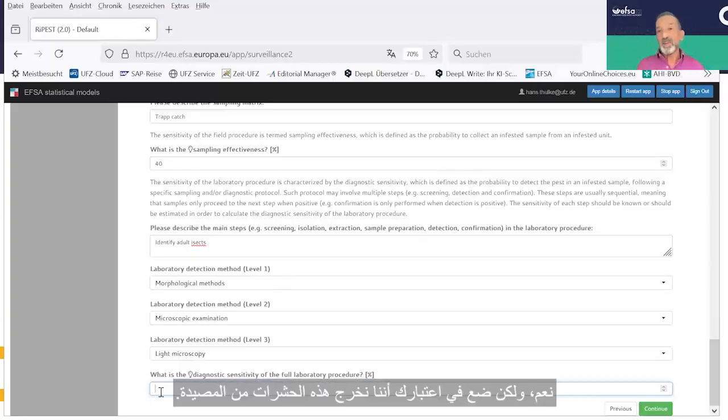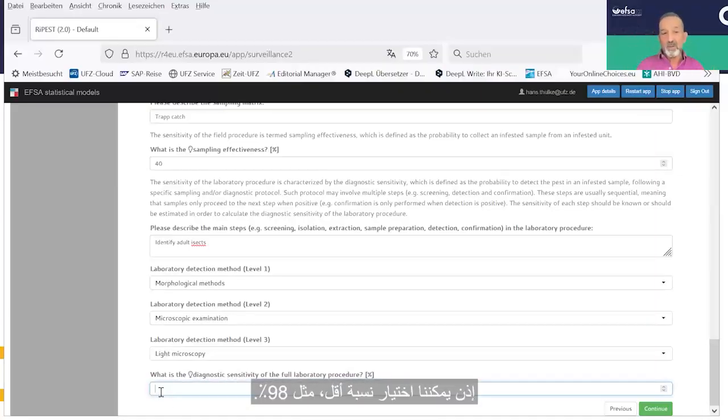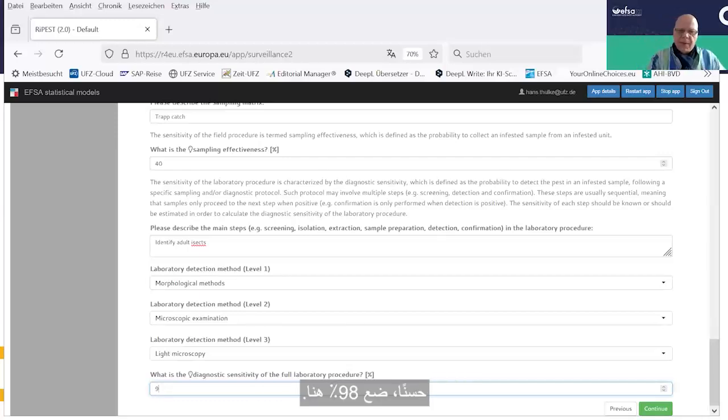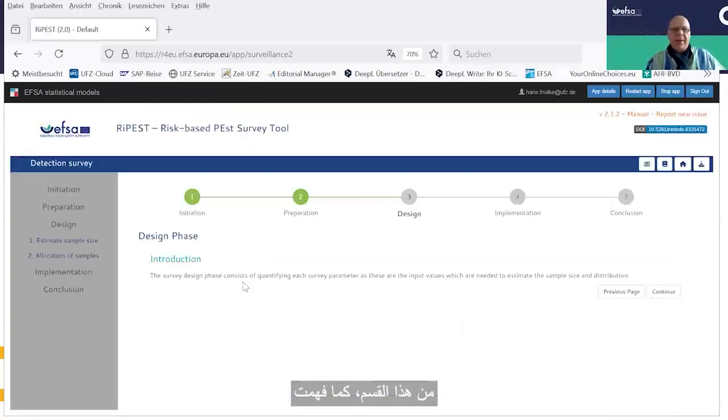Yes, but consider that we're taking these insects from the trap, so we may have some problems. So we could go for something lower, like 98%. Okay, then put 98% here. So we are done now with this section, as I understand, right? It comes now to the design phase. Okay.